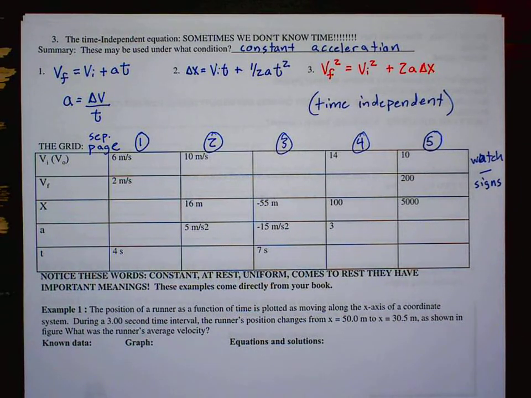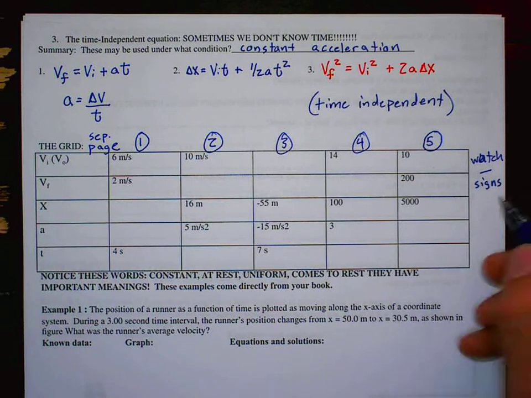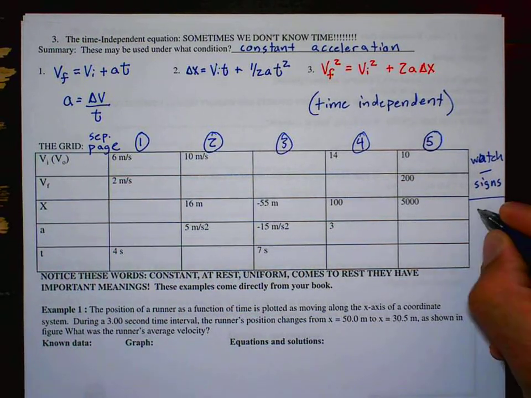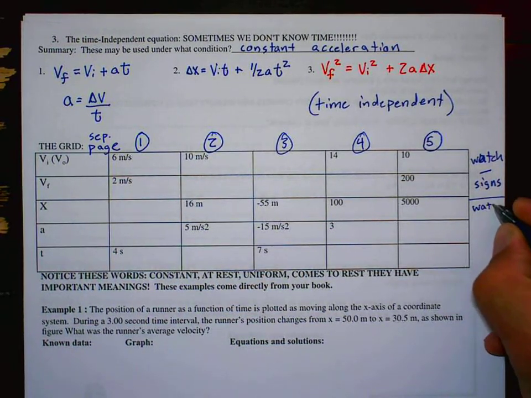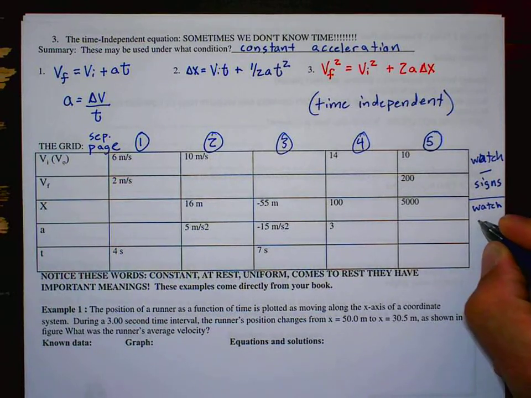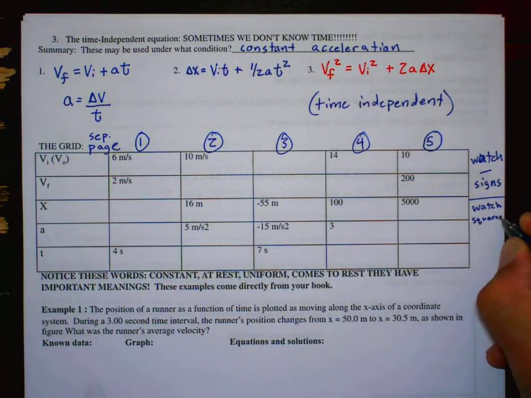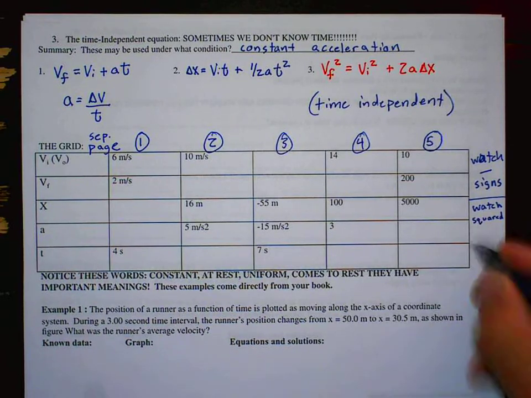If you get the wrong answer, think to yourself, did I do the negative signs correctly? The other thing you want to do is watch your squared values.